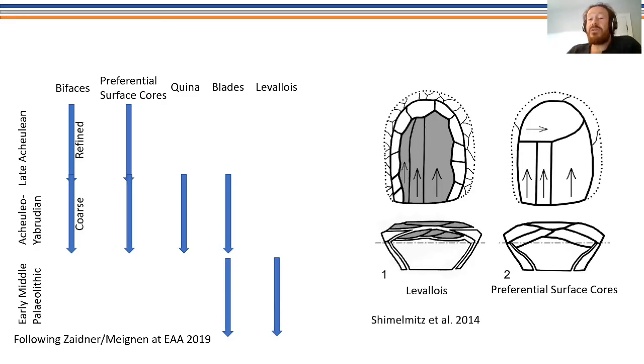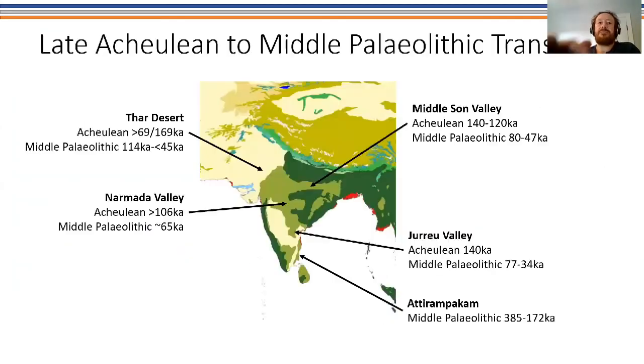So while much of our focus on later Acheulean assemblages in South Asia has been on these large bifacial tools, hand axes, and cleavers, I think there's a growing need to examine core technologies in a similar systematic manner if we're going to use the Levant as potentially another comparison for seeing how the later Acheulean to Middle Paleolithic transition would look associated with population replacements.